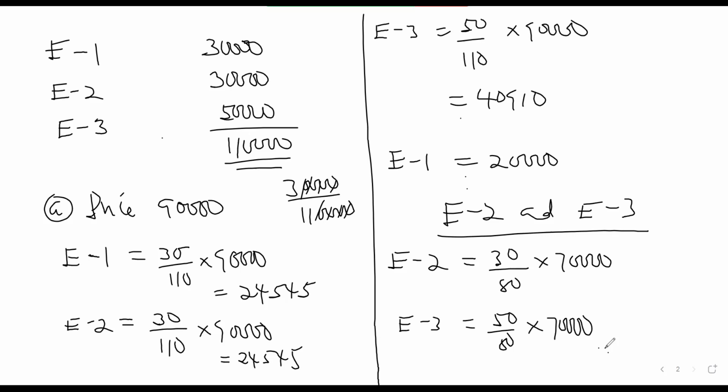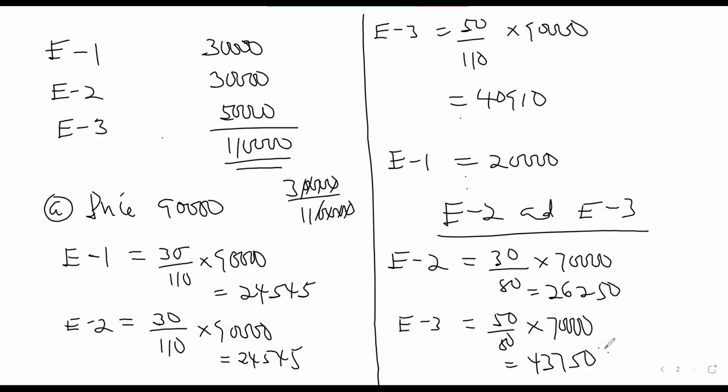The first one is 26,250, and the second one is 43,750. So these are the prices under each of them.